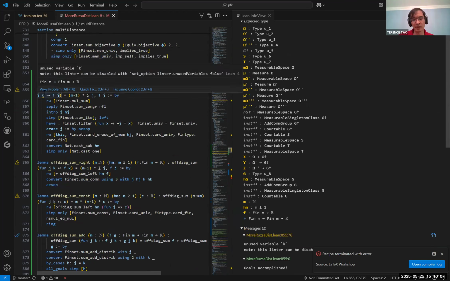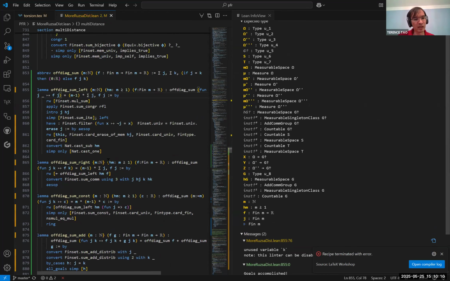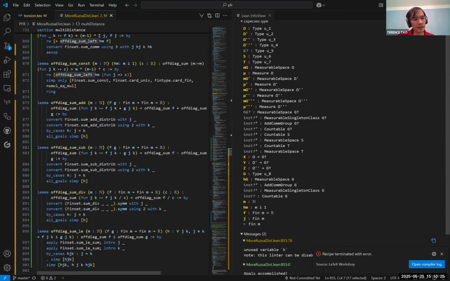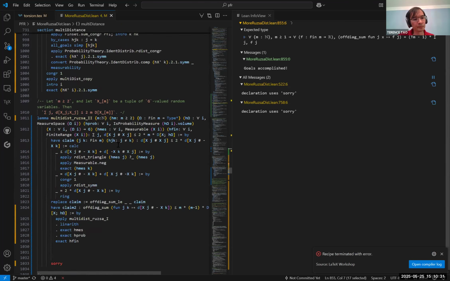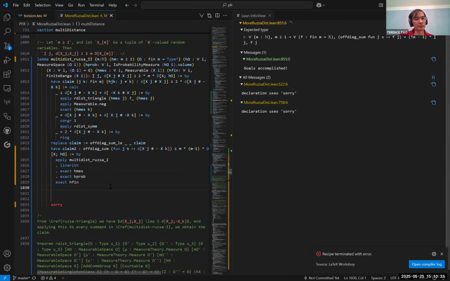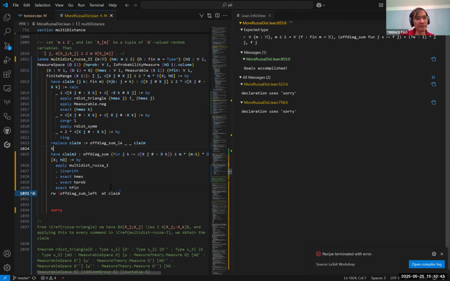While I'm here, actually, just to disable this linter, turn that off. And I think there was also some similar problem here. Okay, so I'm just going to apply this lemma. In doing so, I noticed that I needed m bigger than 1, so I'll just have that as a claim.